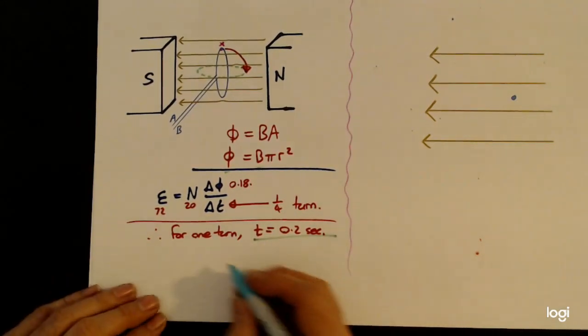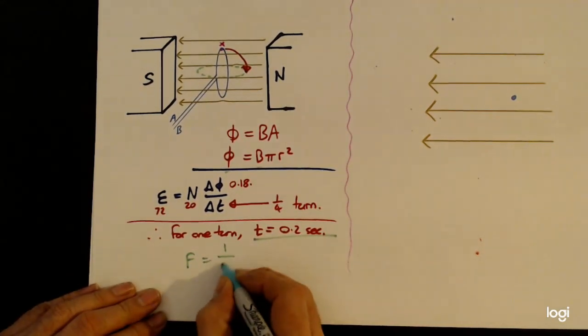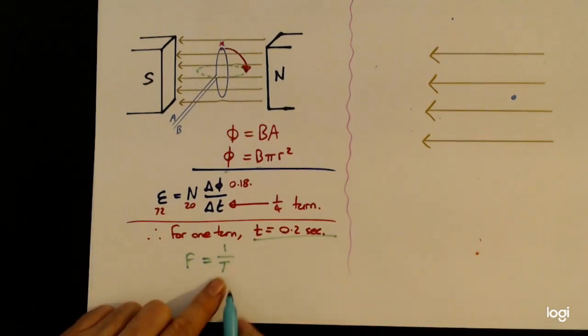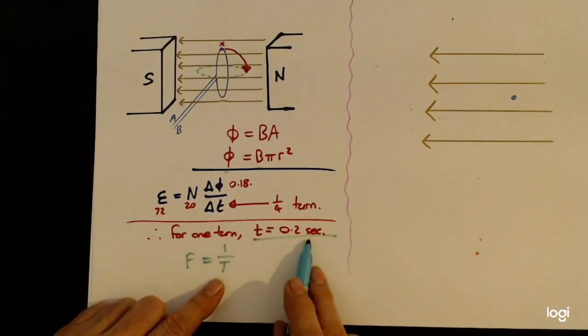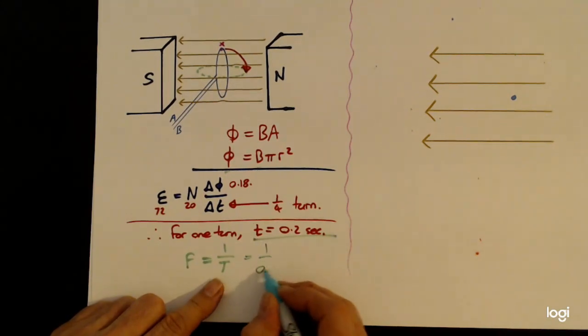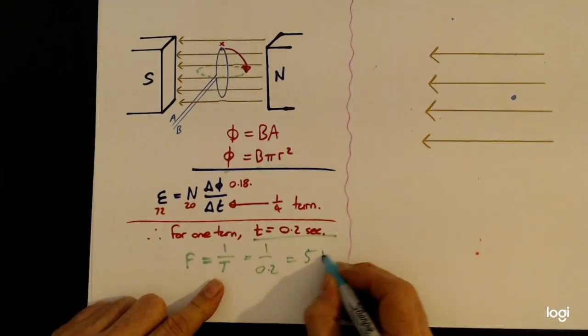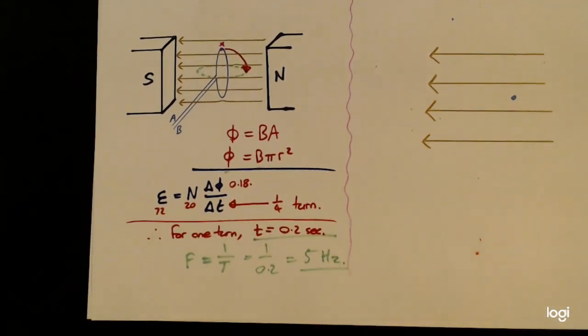Or you could just use a formula where frequency equals 1 over the period. The period is how long something takes to do something once. So it's 1 divided by 0.2, which is 5. Answer is 5 hertz.